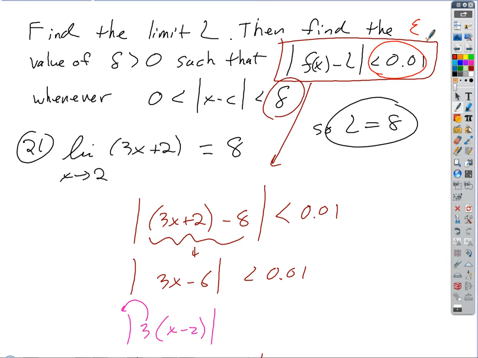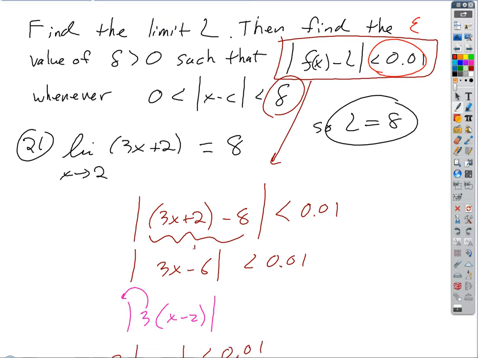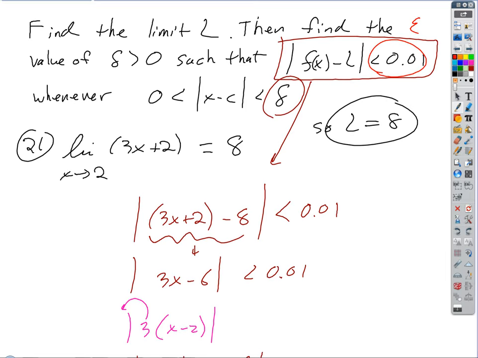So all we did, remember, was we said, we're going to take the expression, this guy right here, let's color code this. It's the crimson one, right? The absolute value of f of x minus L is less than 0.01, epsilon, and I'm just going to solve that for x, right?